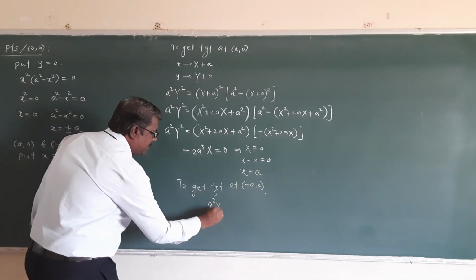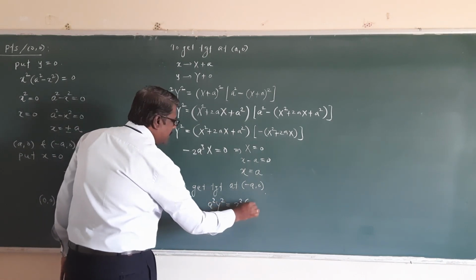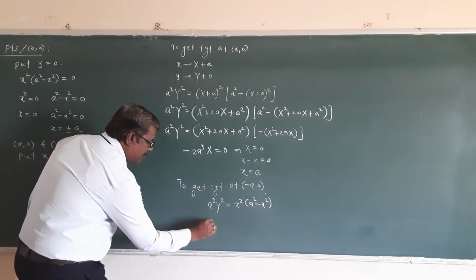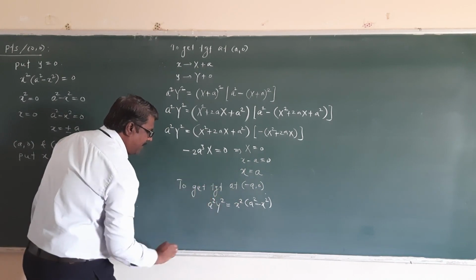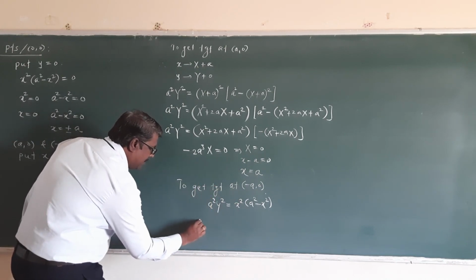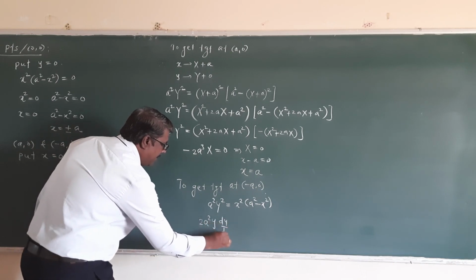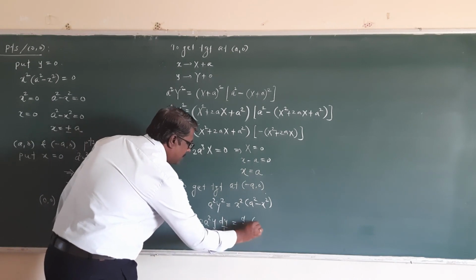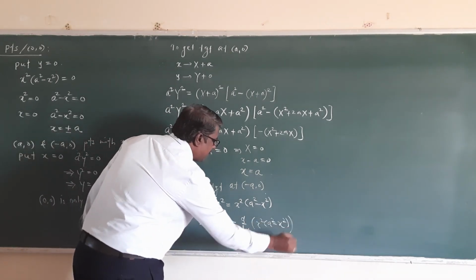So given equation is a square y square is equal to x square into a square minus x square. Now if I differentiate this equation with respect to x, I will get 2a square y dy by dx is equal to d by dx of this x square into a square minus x square.